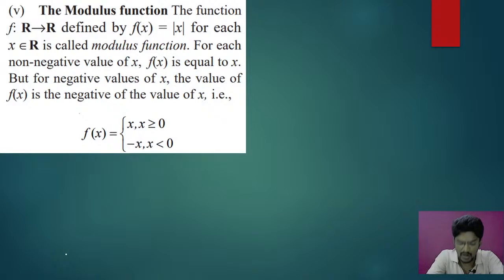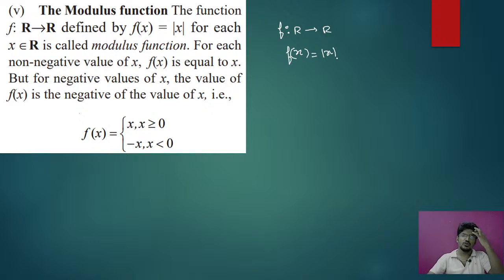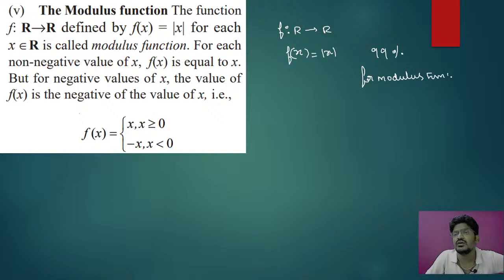So now let us go for the modulus function. You just see here, the function f from R to R defined by f of x equal to mod x is called the modulus function. And 99% of students know that for the modulus function, the output is always positive.